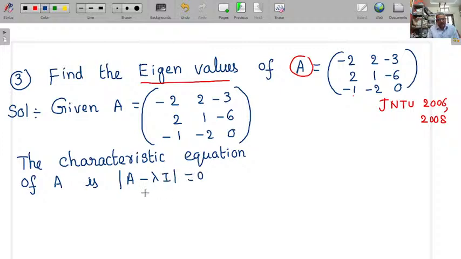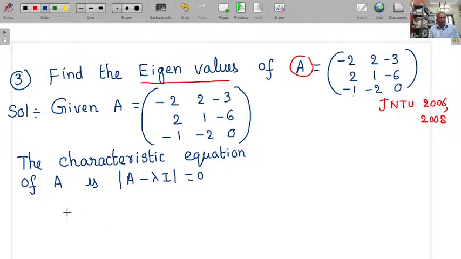Some textbooks take s instead of lambda, no problem. But here we need to find the values of lambda. So that means very simple. The other elements we need to write as it is, and in the place of the diagonal we need to subtract lambda from each element of the diagonal.